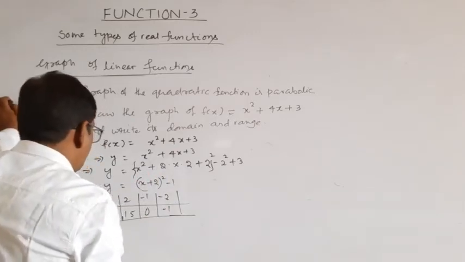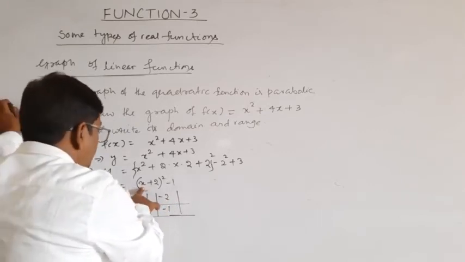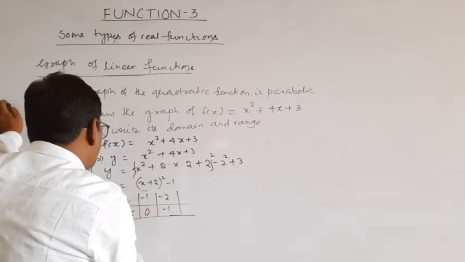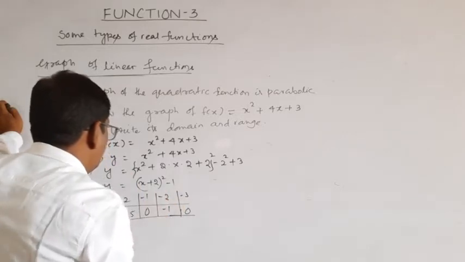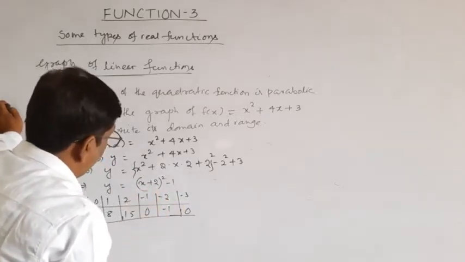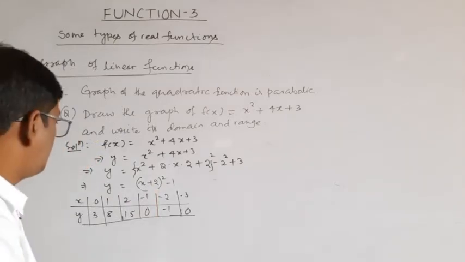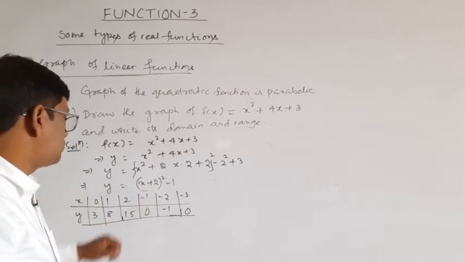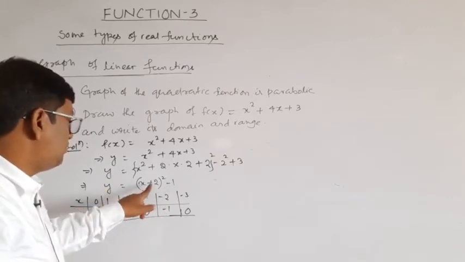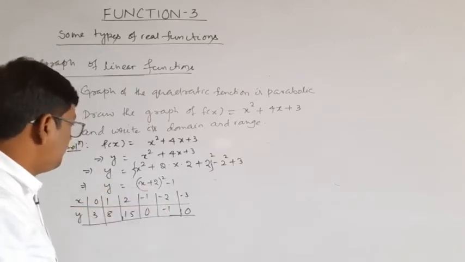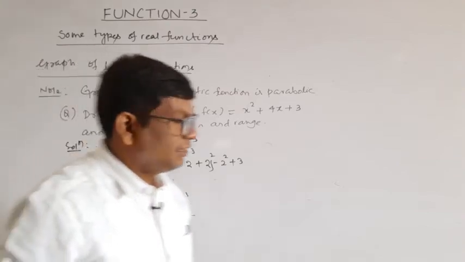If x is equal to minus 3, then minus 3 plus 2 is minus 1, whole square is 1, minus 1, that is 0. So y is equal to 0.